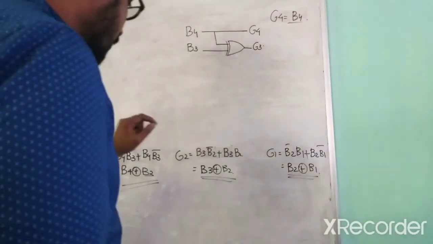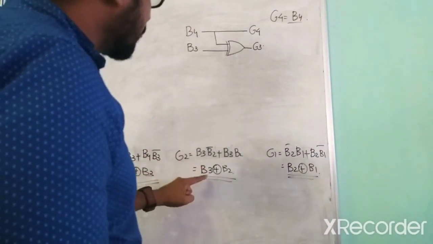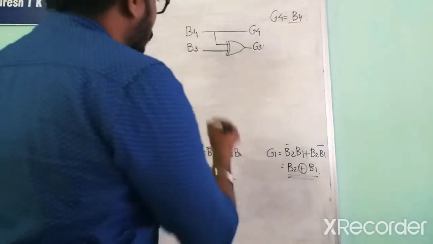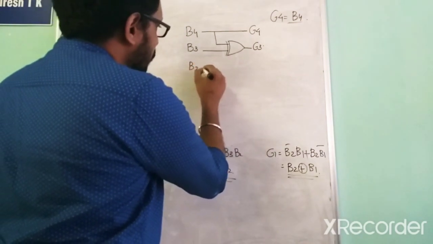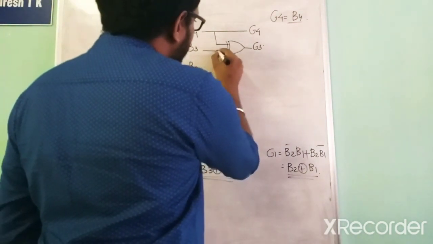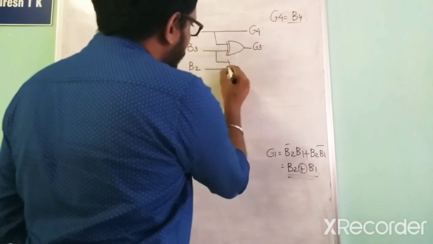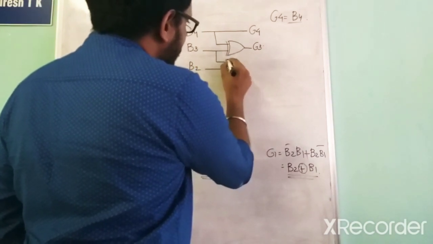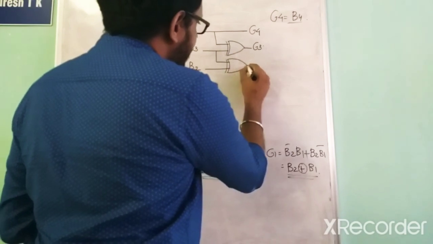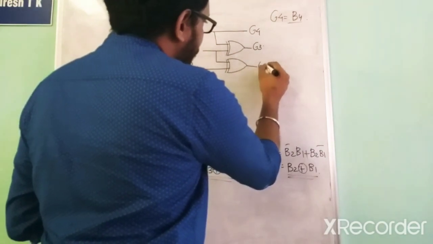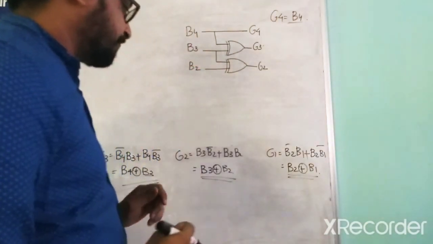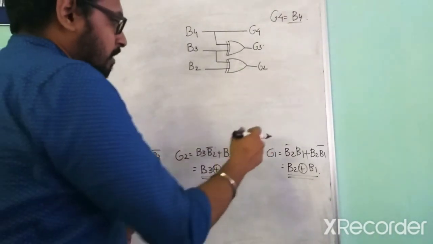Okay. G2 is B3 XOR B2. So we write here B2 and B3 XOR with, okay, we get G2. Next is G1.